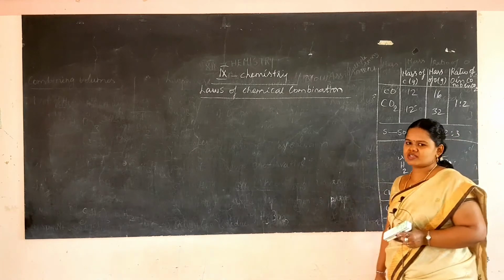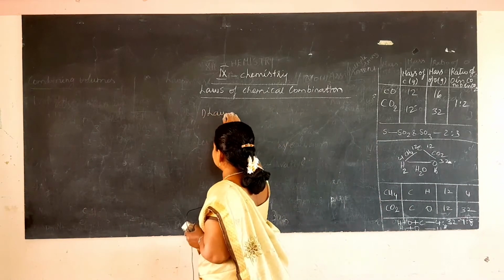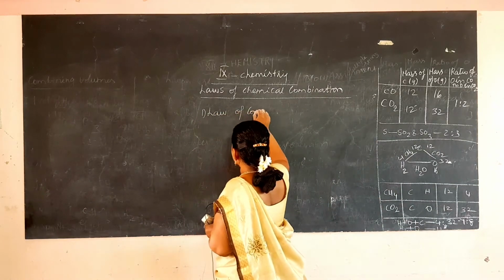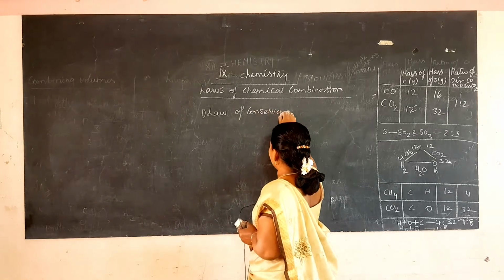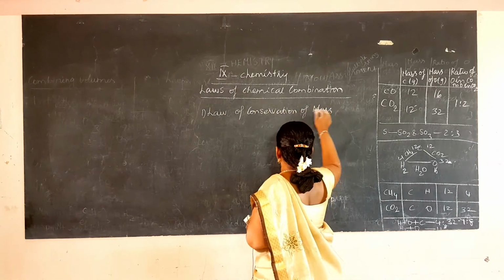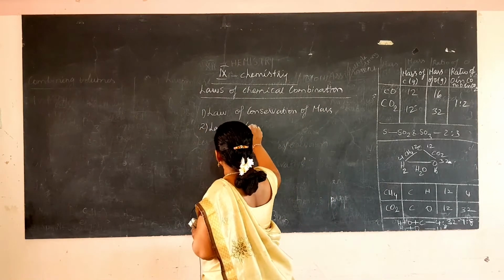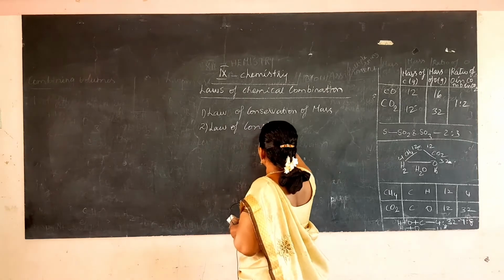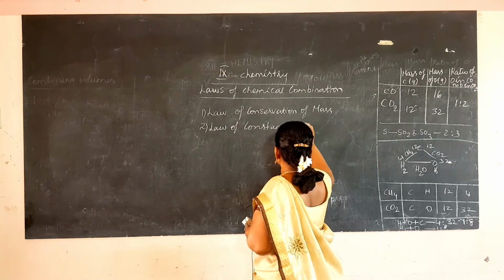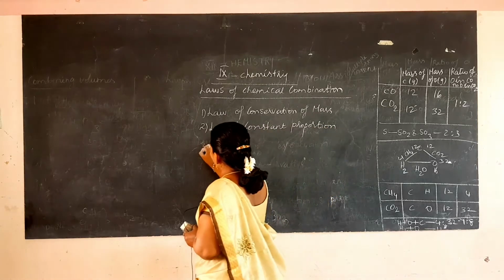And there are different laws of chemical combination. They are law of conservation of mass. Law of constant proportion, second one. Law of multiple proportion, third one.